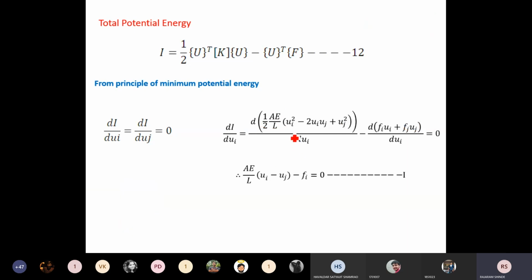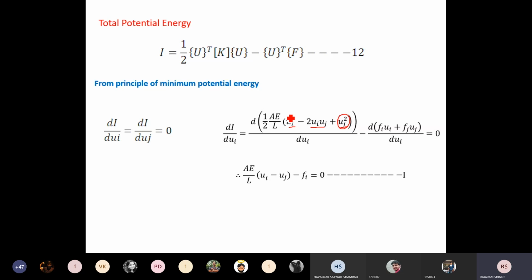While differentiating this bracket with respect to ui, the derivative of ui square with respect to ui is 2ui. The derivative of 2ui uj with respect to ui is 2uj. Am I right? And the derivative of uj square with respect to ui is 0. Now what you will get here is 2ui minus 2uj.